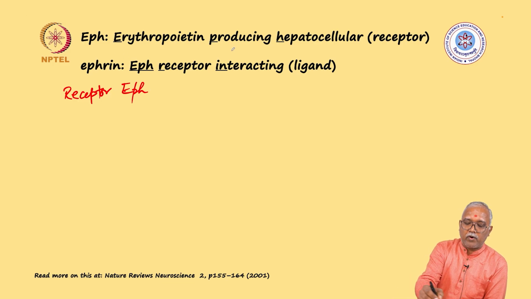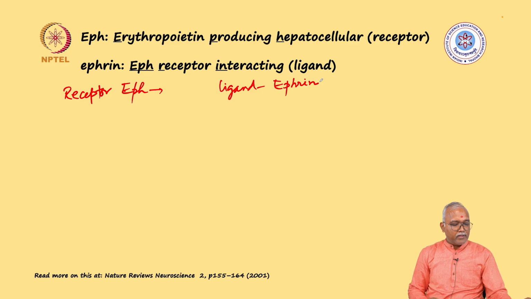It is erythropoietin producing hepatocellular cell. So the receptors are present in these cells and it's called EPH. Then you have the ligand for this, which is called EPH receptor interacting protein, or Ephrin, which is.